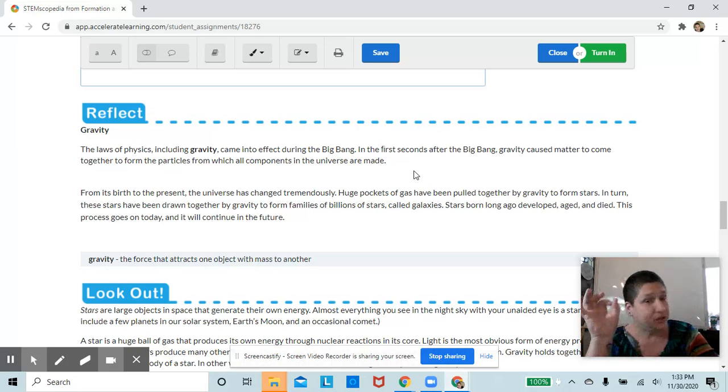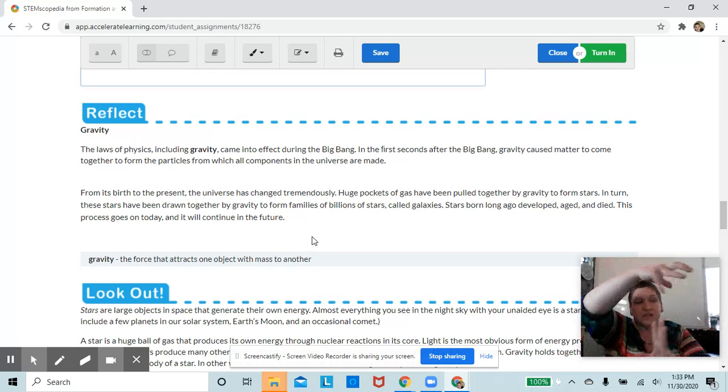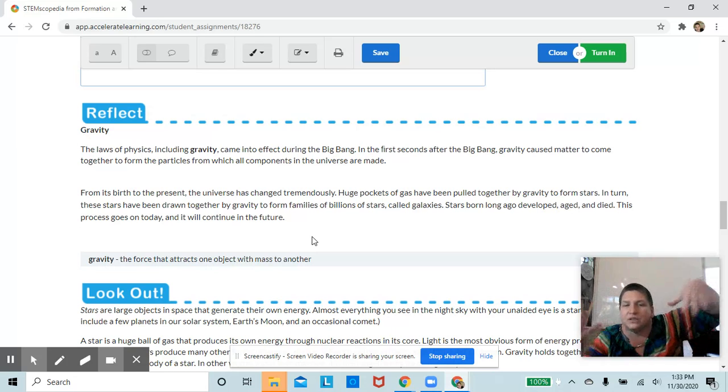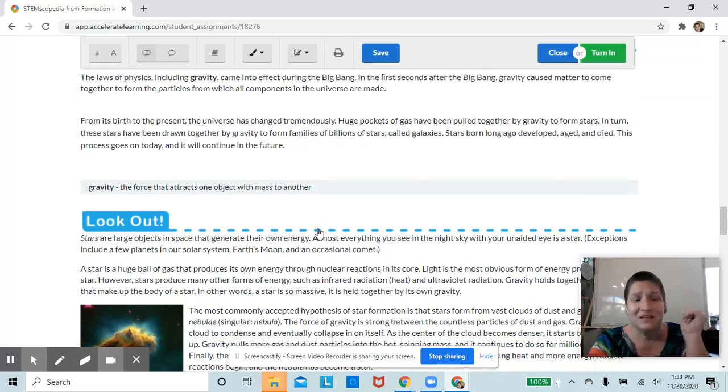From its birth to the present, the universe has changed tremendously. Huge pockets of gas have been pulled together by gravity to form stars, and in turn, those stars have been drawn together by gravity to form families of billions of stars called galaxies, and stars born long ago developed, aged, and died. This process is still going on today and will continue into the future.